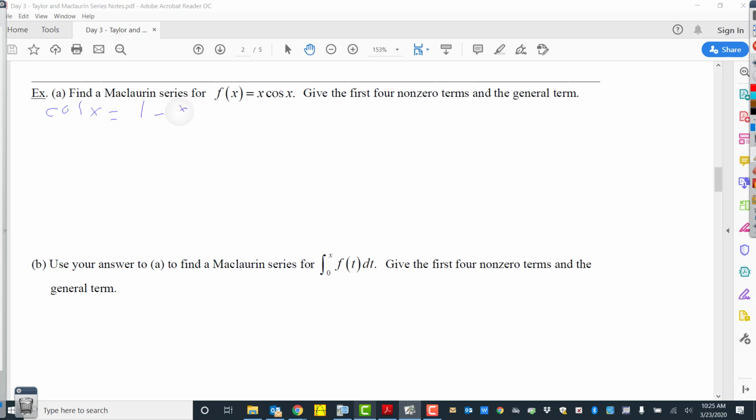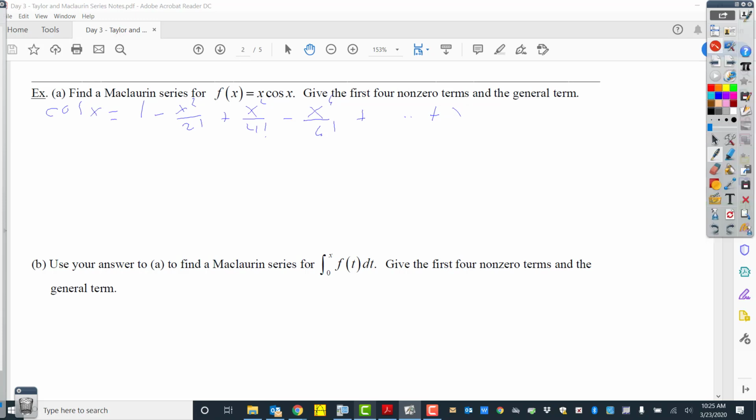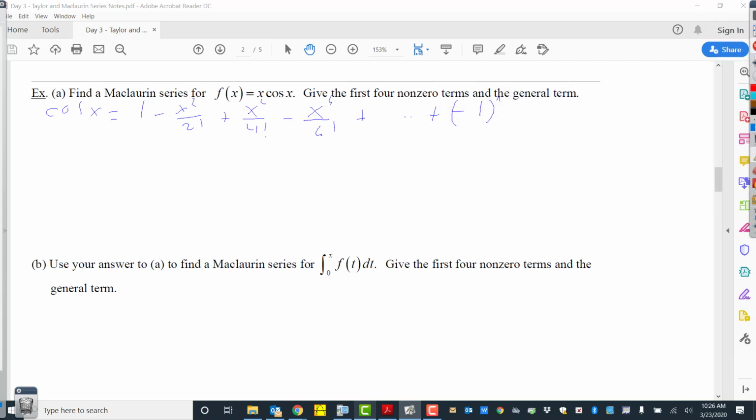This is 1 minus x squared over 2 factorial plus x to the 4th over 4 factorial minus x to the 6th over 6 factorial plus dot dot dot, plus negative 1 to the n times x to the 2n over 2n factorial. Oops, that's a really ugly 2n factorial, but you know what I'm talking about.